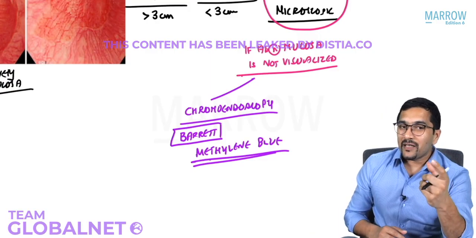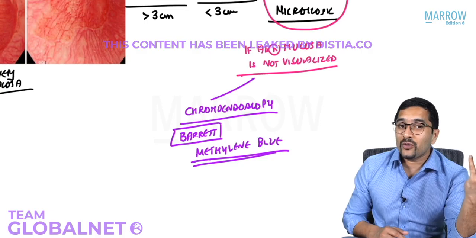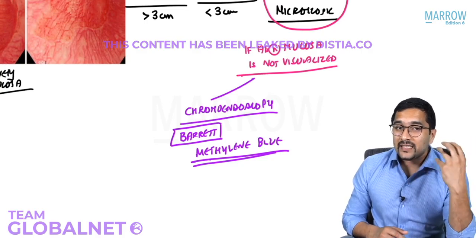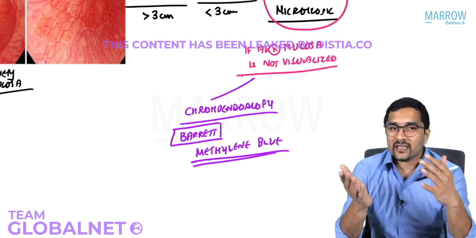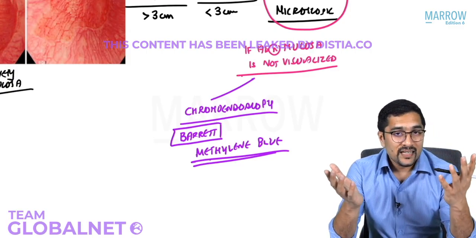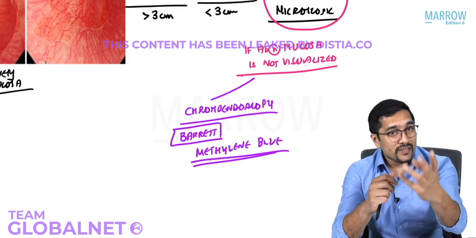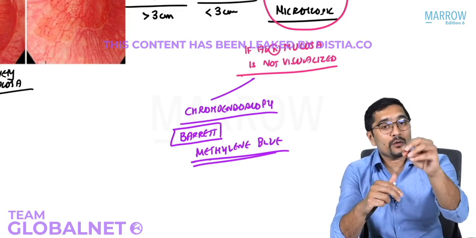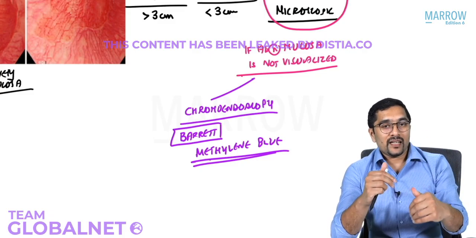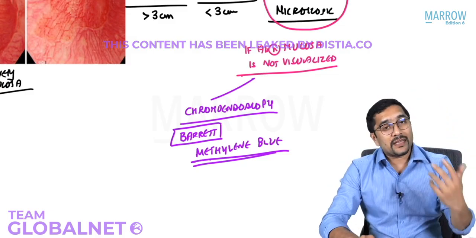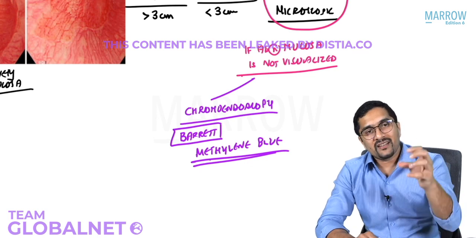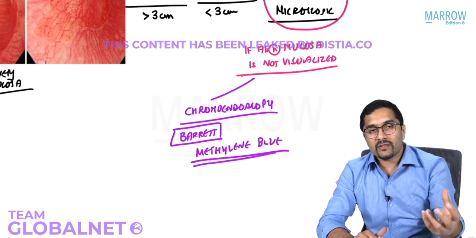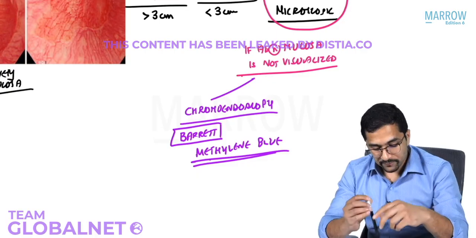Now, this is very similar to what Dr. Sakshi has taught you in cervix. In cervix, if you cannot see the abnormal epithelium, you stain the cervix with acetic acid, and you take the biopsy from which areas? Correct, the aceto-white areas. Similarly, here we stain the esophagus with methylene blue, and we take the biopsy from the abnormal bluish areas, and we will see the goblet cells.